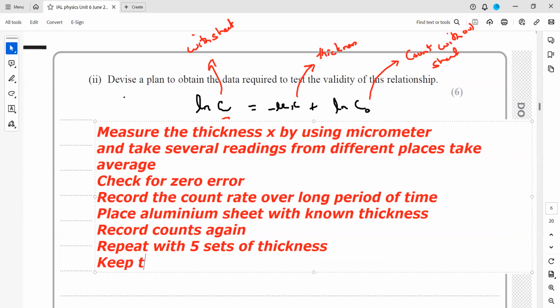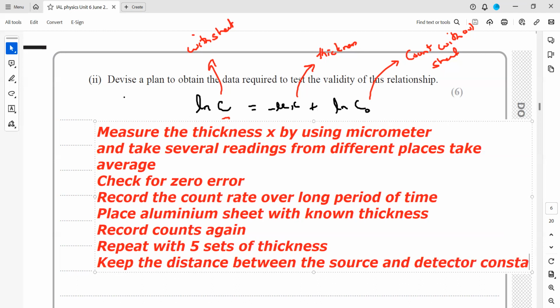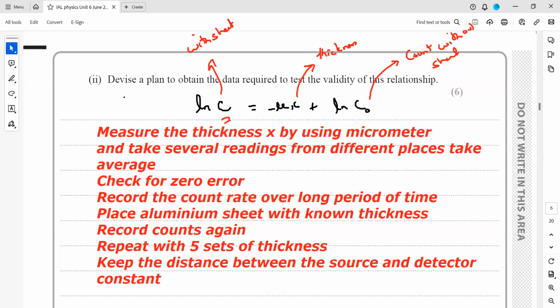The only parameter we are investigating is how the thickness affects the count rate, so we should only change the thickness and record the counts. But the distance between the source and detector should be kept constant throughout the experiment.